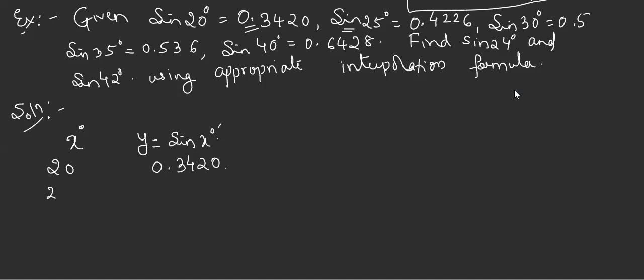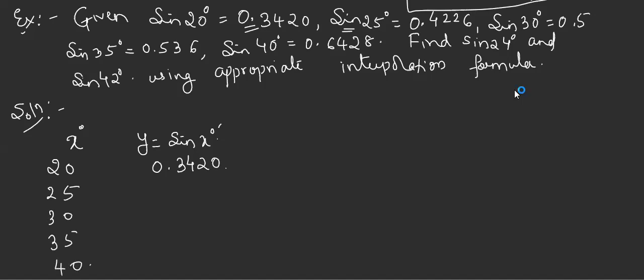Or else you can just check here: sine 20, sine 25, sine 30, sine 35, sine 40. So what are the x values? 20, 25, 30, 35 and 40. Am I right? Let me write it.